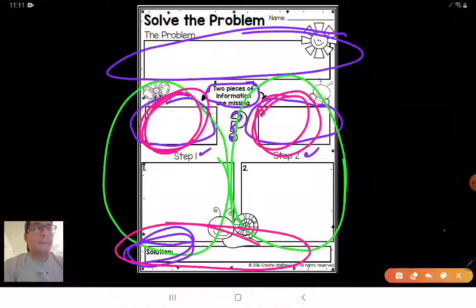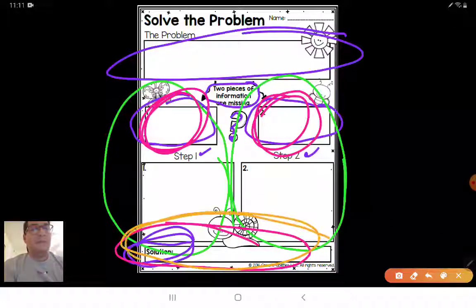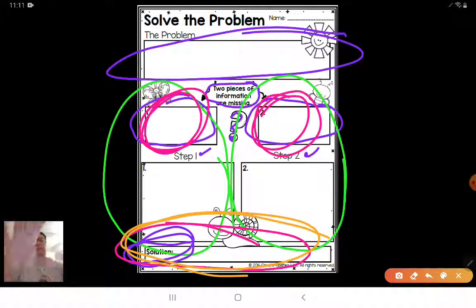All this is just a chart that is going to help you solve a problem that requires two steps. So we're going to do this together and answer a two-step problem together.